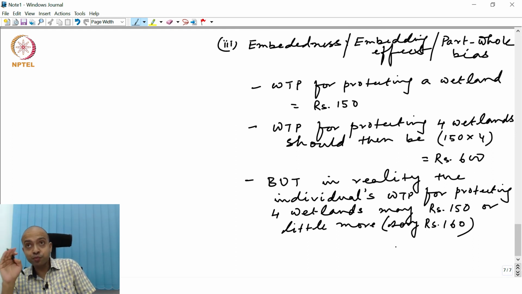See, willingness to pay values are derived from a specific preference.